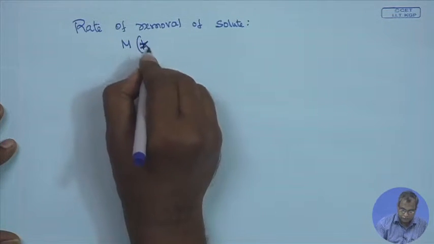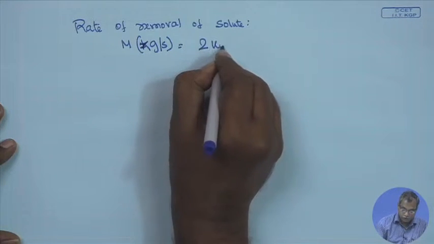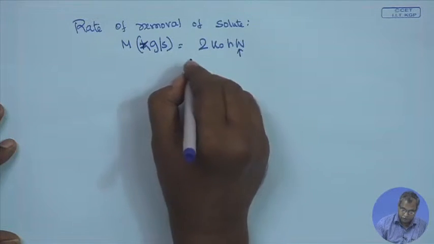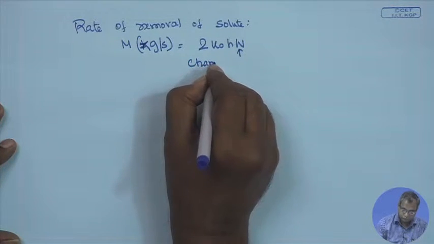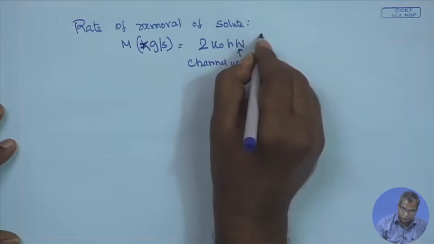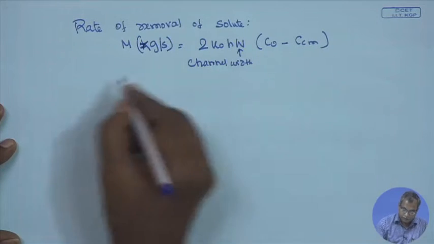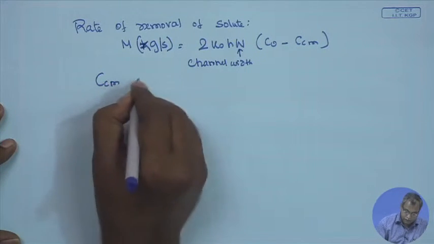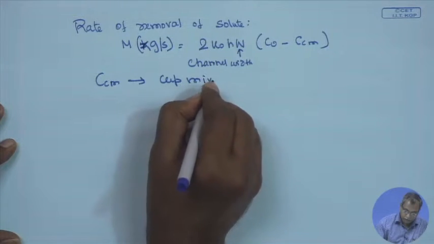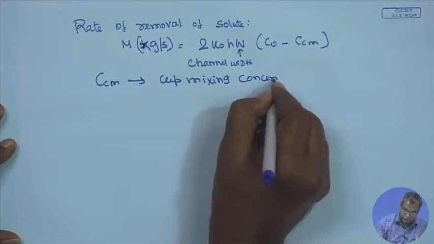The amount removed will be 2 u0 h times W, where W is the channel width, multiplied by C0 minus Ccm. What is Ccm? Ccm is the cup mixing concentration across the channel. So, it is some kind of average concentration.